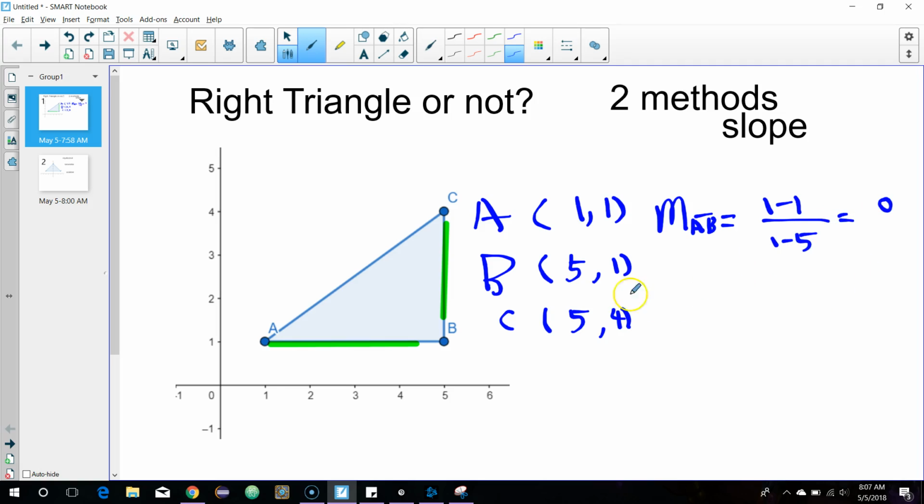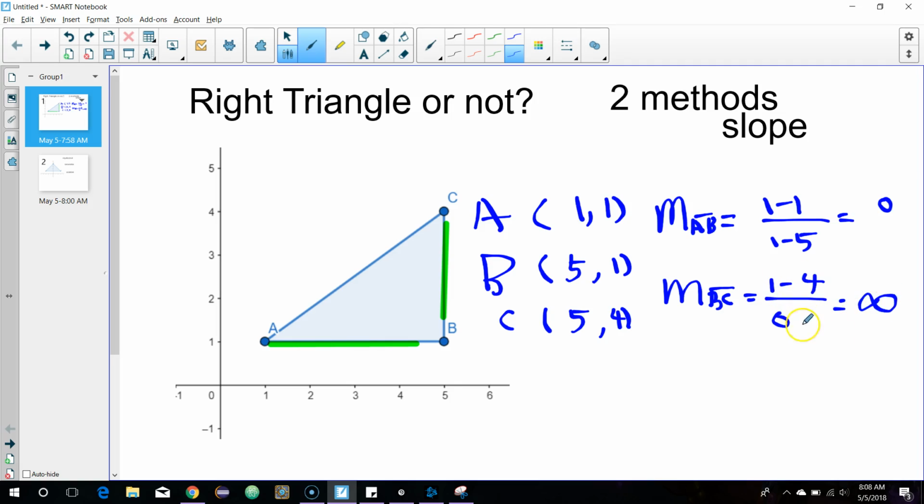That's 0. Okay. Slope of BC is going to be 1 minus 4 over 5 minus 5. Now this one will be undefined.